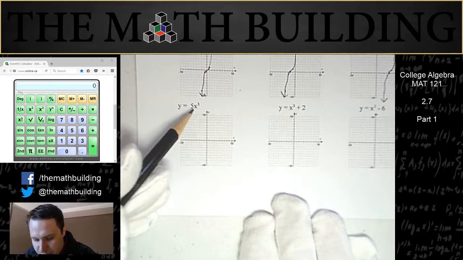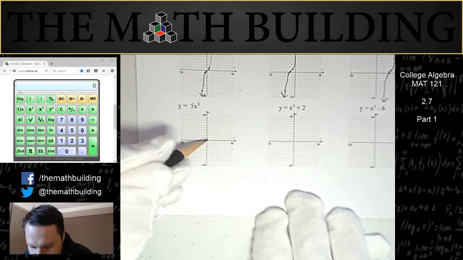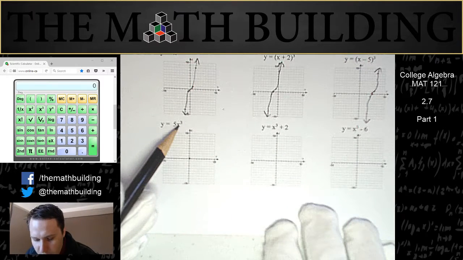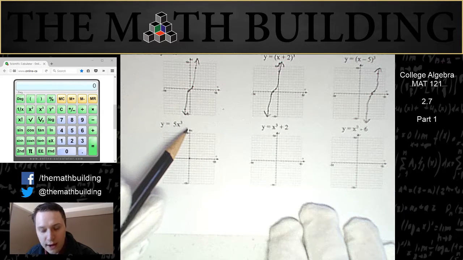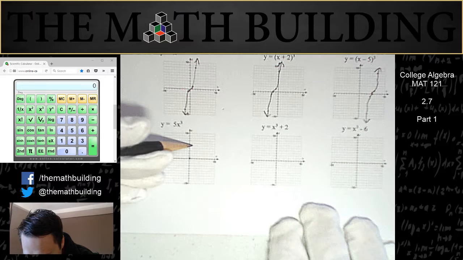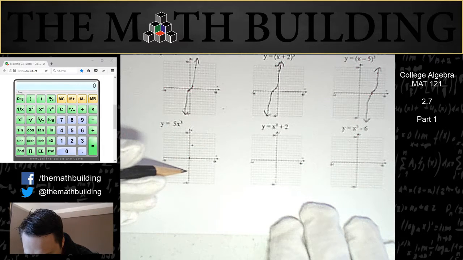So in fact, if you plug in a 1 here, we see that 0, 0 is going to be the same, so that's good, because plug in a 0 and you're going to get y equals 0. However, this time if we plug in a 1 for x, we get 1 times 1 times 1, which is 1, times 5 is going to be 5. So it's over 1 up 5. You see how it's getting narrower? Over 1 down 5.